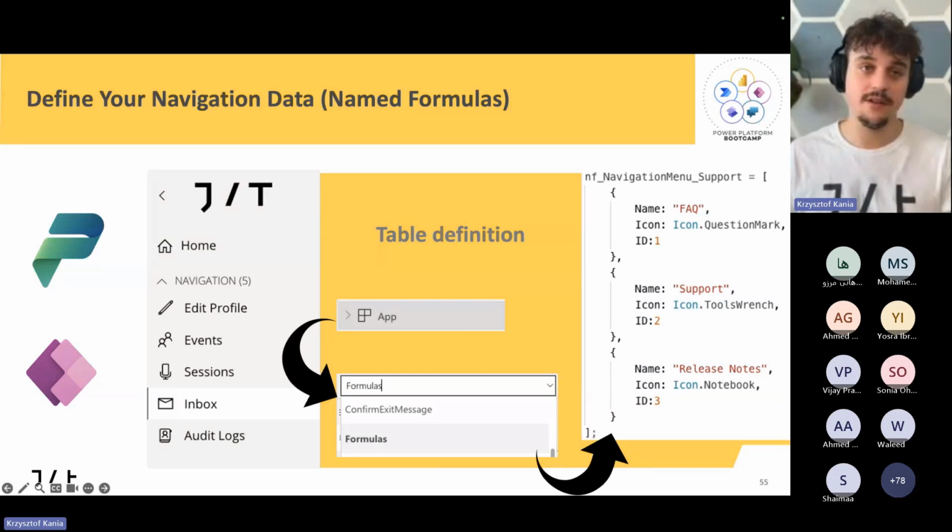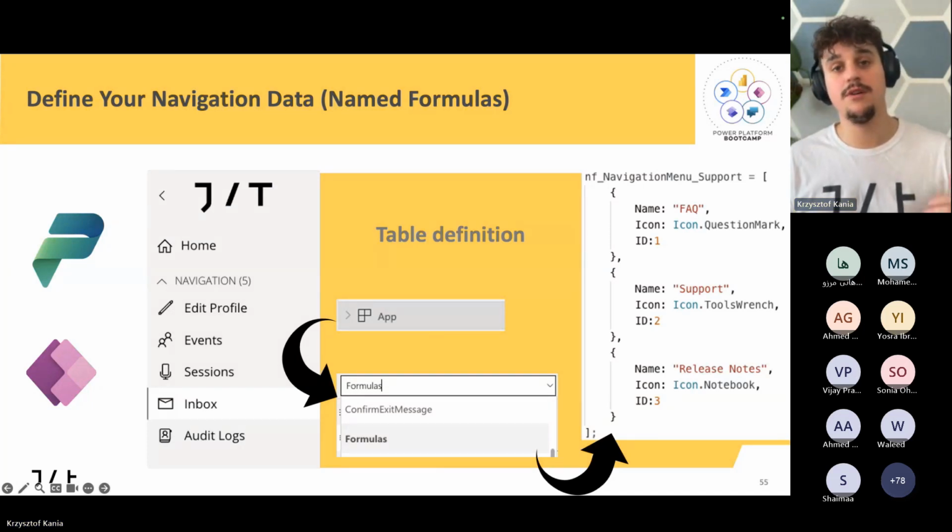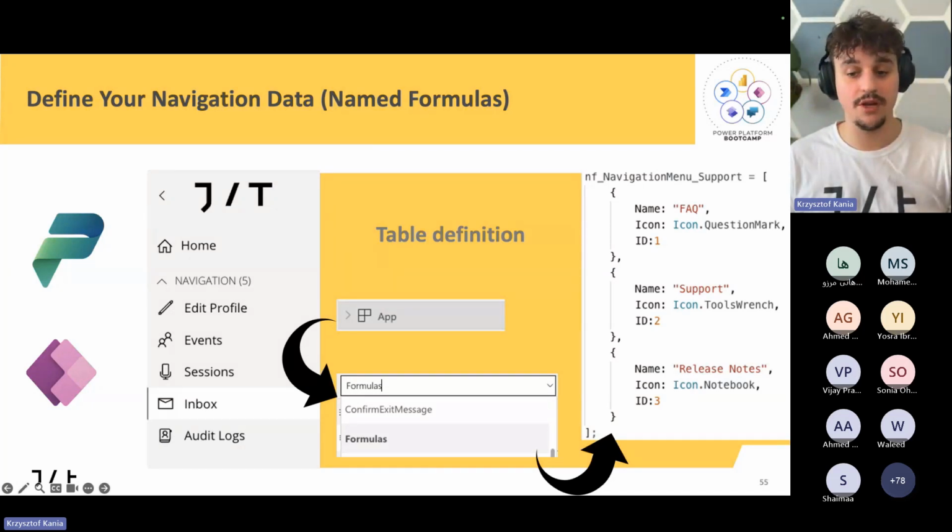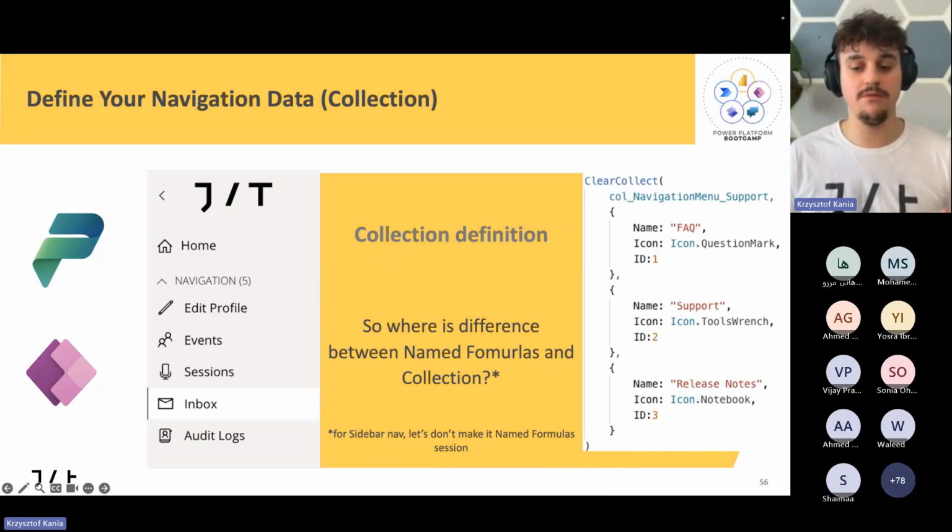This nf allows me to quickly establish from where that data is being taken. If I want to take these values, I will see, oh, it's a named formula. So I always use nf underscore, and then PowerApps tells me, oh, you have that many items available, choose one. So the naming convention is also helpful and allows us to work quicker and more efficiently.